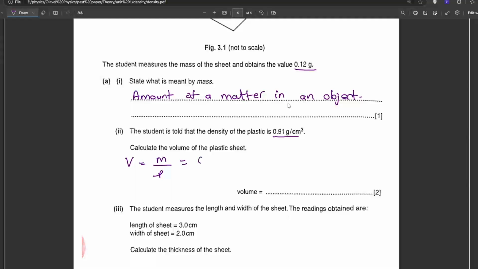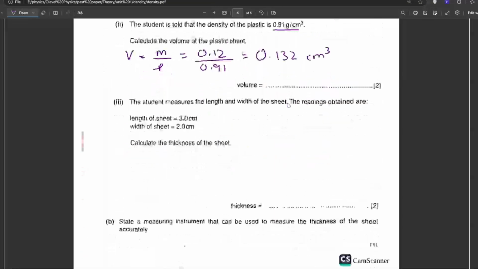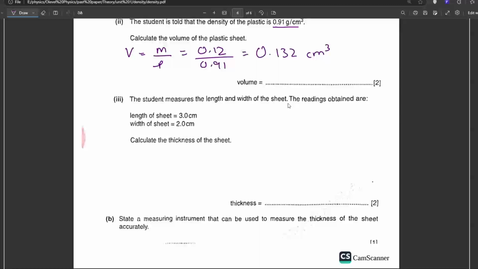What is your mass? 0.12. What is your density? 0.91. What will your volume come out to be? 0.12 divided by 0.91 comes out to be 0.132 centimeter cube.